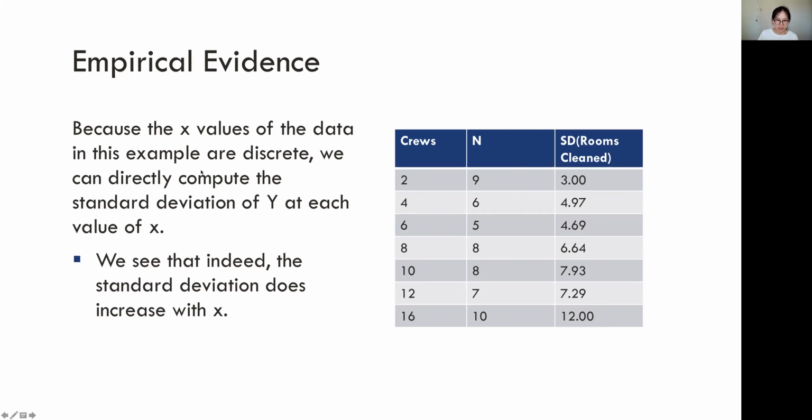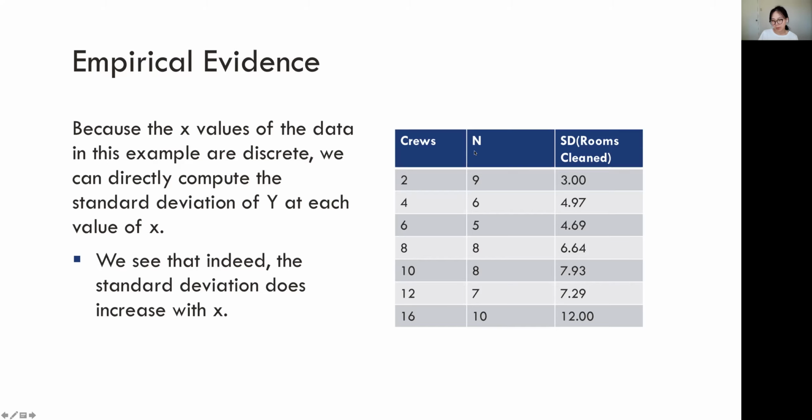We can actually calculate the empirical standard deviation, because in this example we have discrete x values, the number of crews. So we can calculate for each of them what the standard deviation looks like. By the actual calculation, we can see there is a trend. It's increasing as we increase the number of crews. This n here is the number of data points we have for those different numbers of crews.